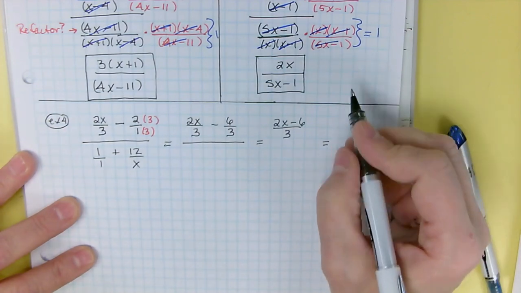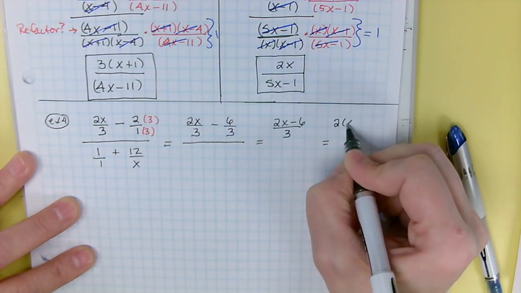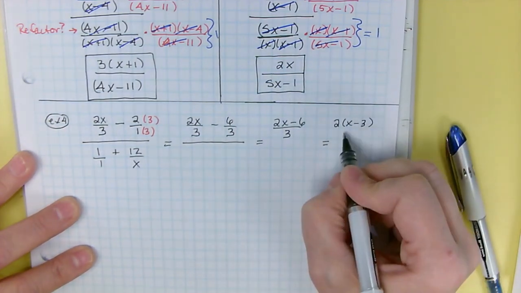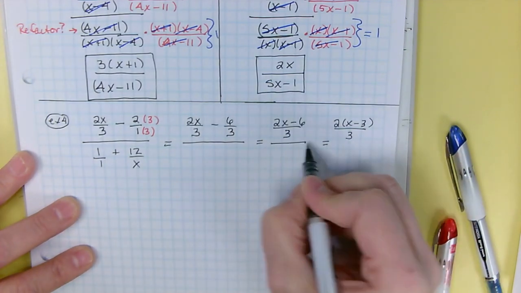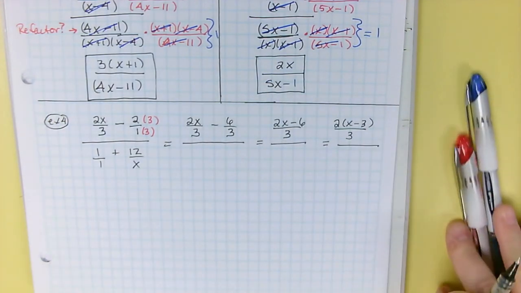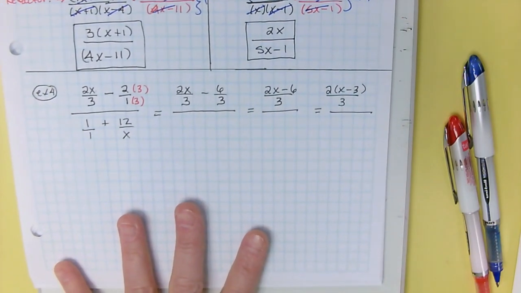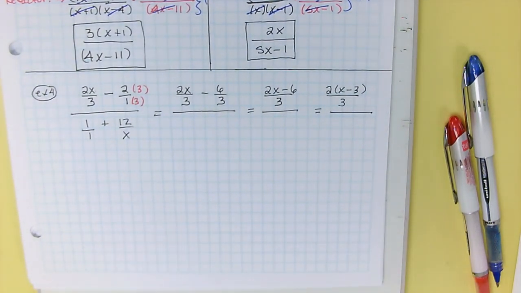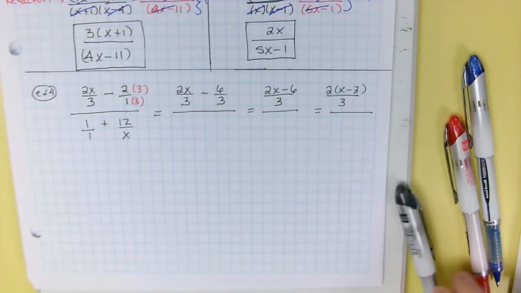And then refactor if you can. I can factor a 2 out, and then I've got x minus 3 over 3. So sometimes you might want to do everything on top first and then everything on bottom second, instead of bouncing back and forth, whatever your preference is.